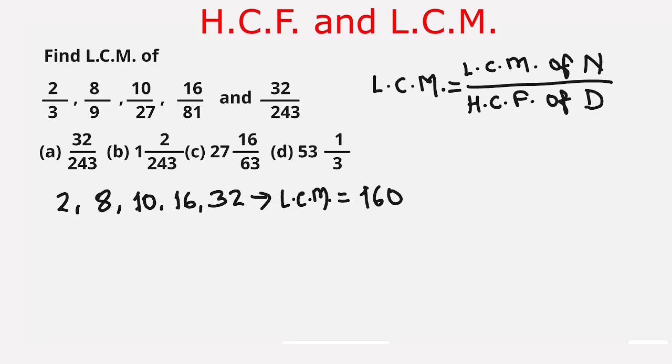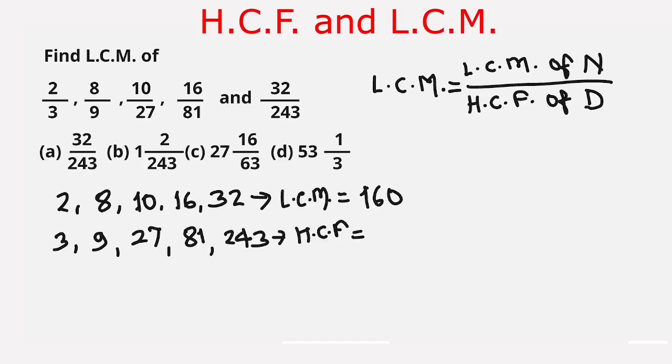Now we have to find the H.C.F of 3, 9, 27, 81 and 243, and every number is a multiple of 3 and the smallest number is 3, so our H.C.F is 3. So we put these values in our formula.